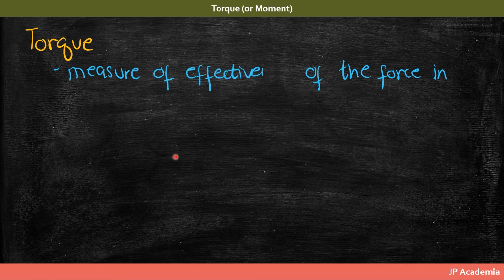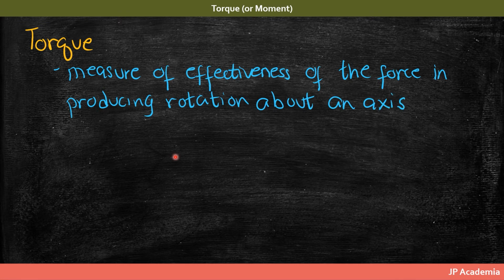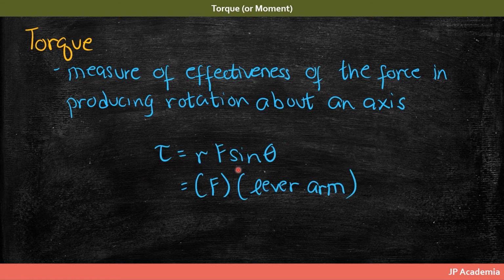Before we officially discuss the second condition of equilibrium, let us review what is torque. Torque is useful in solving equilibrium problems for coplanar forces. Torque on a given axis due to a force is just a measure of the effectiveness of the force in producing rotation about a certain axis. It is defined by this equation. So tau is equal to rF sine theta.